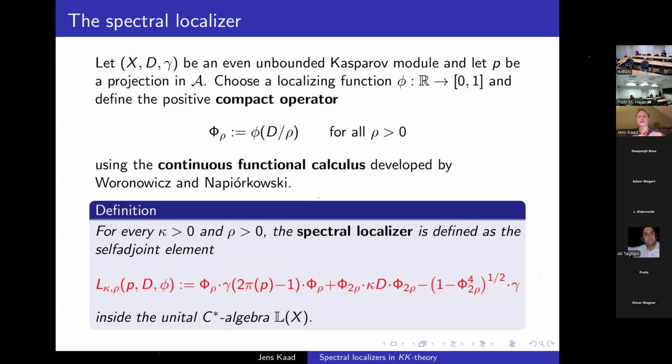And let me say again, the spectral localizer only depends on the part of the spectrum of the abstract Dirac operator which is contained in, okay, not the closed interval from minus rho to rho, but the closed interval from minus 2 rho to 2 rho. That's a slightly larger closed interval. So I'm really localizing in the spectrum here.